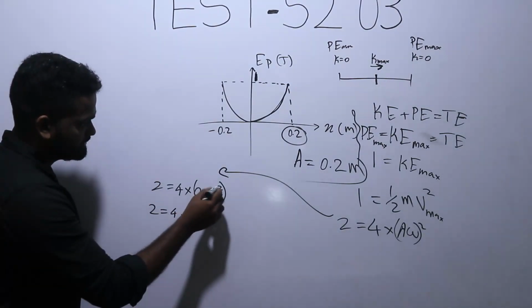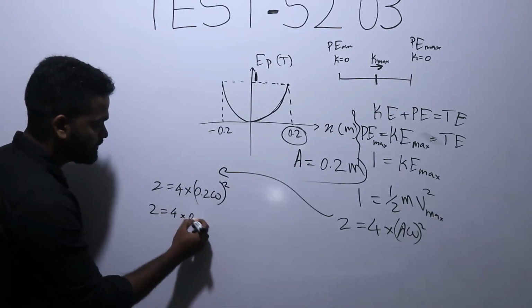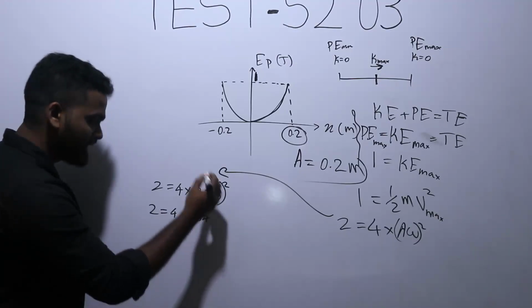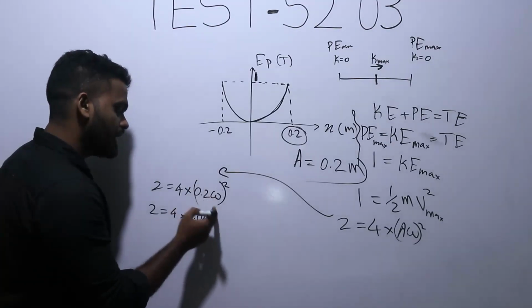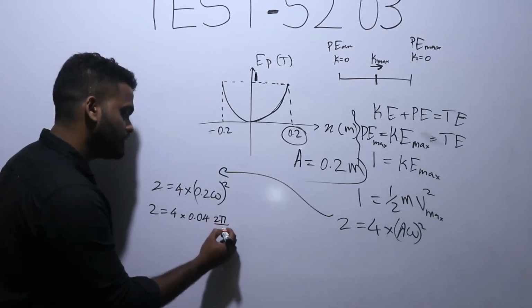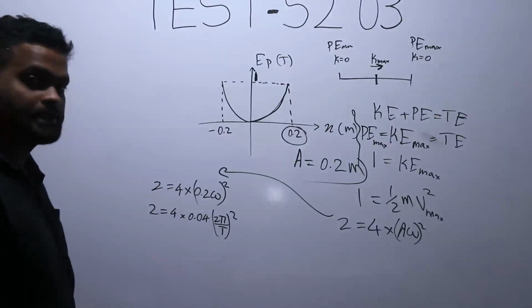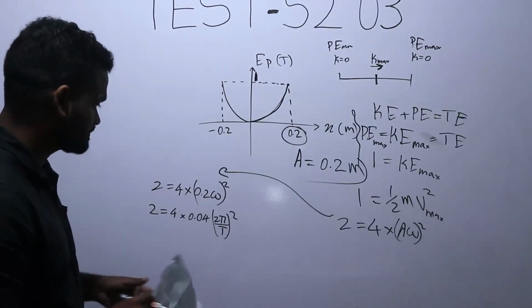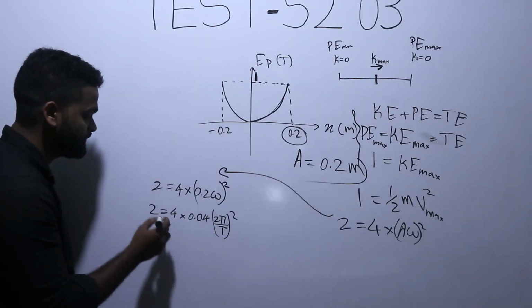So this is squared here. 0.2 squared is 0.04 omega squared. Instead of omega, I can put 2 pi over T. Right. Then just a simplification.